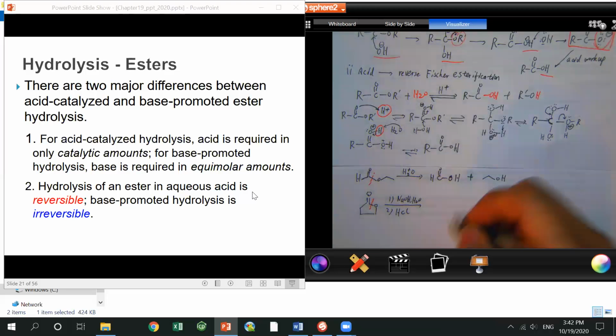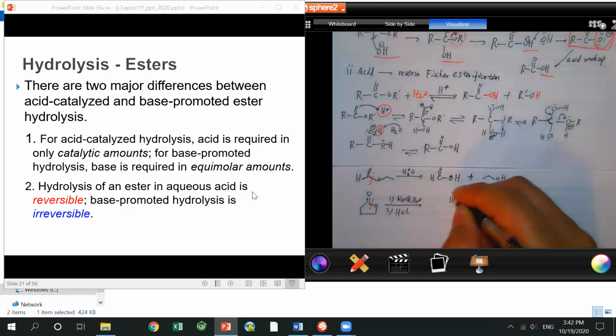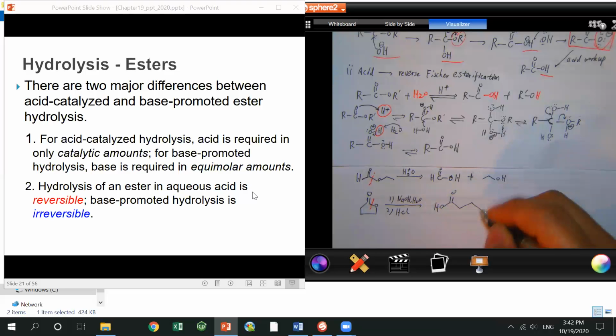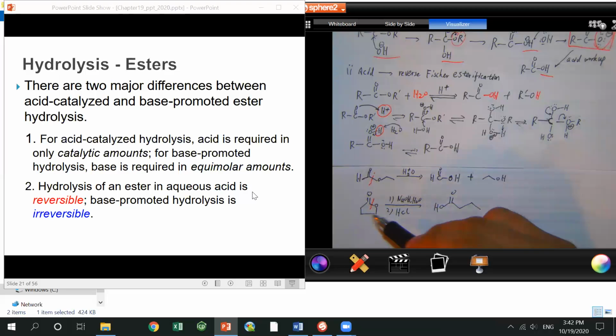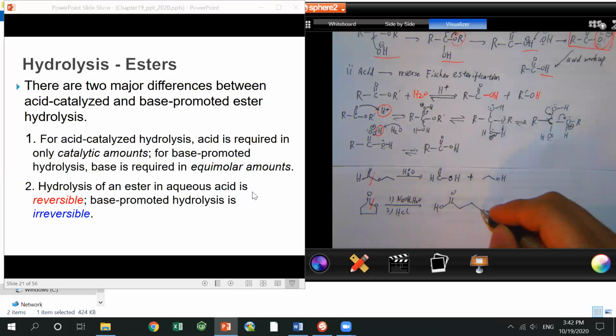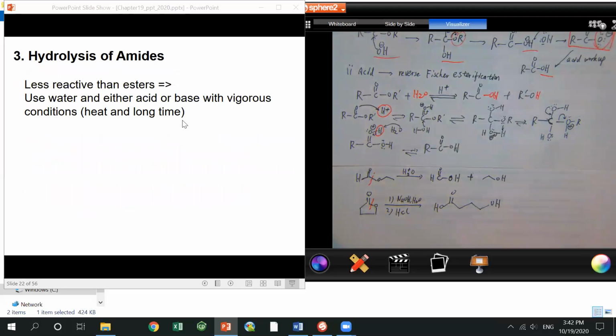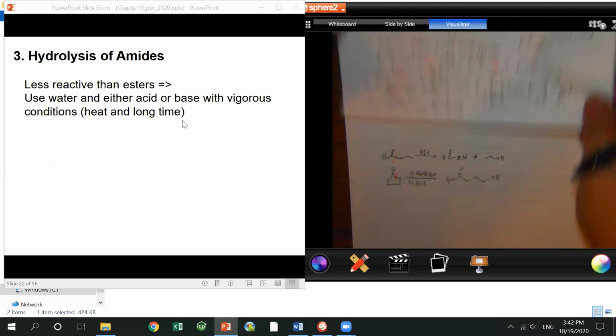Then you'll generate something like this. Count the carbon number: 1, 2, 3. That's the final product. All right, so that's how we make the acid.